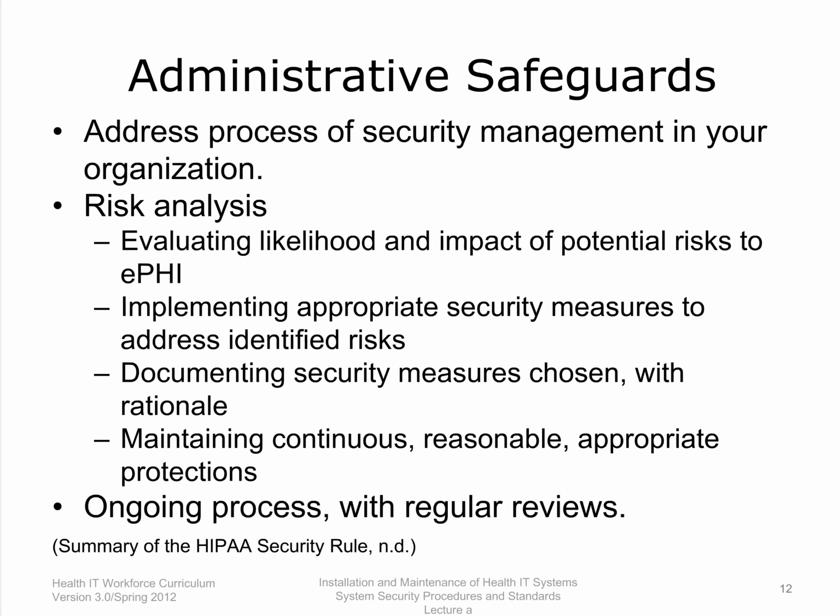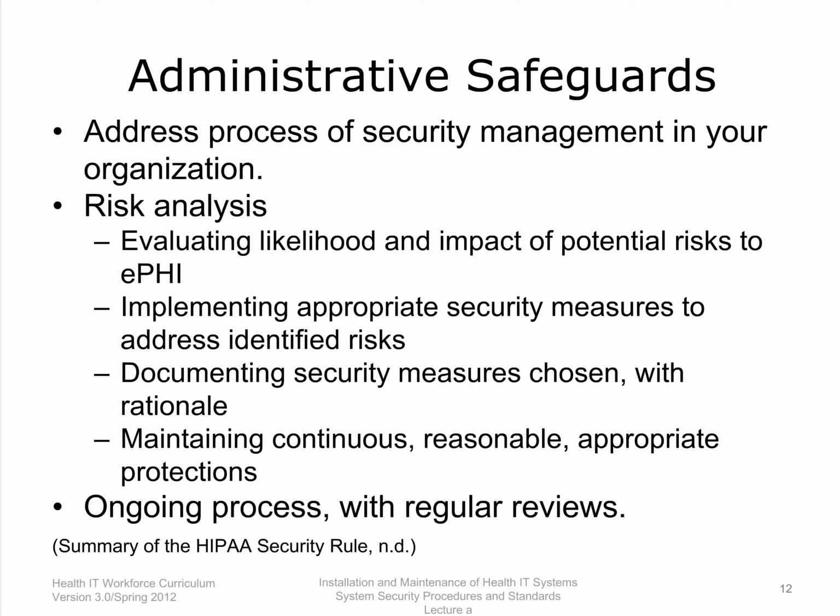A risk analysis process includes, but is not limited to, the following activities: evaluate the likelihood and impact of potential risks to EPHI; implement appropriate security measures to address the risks identified in the risk analysis; document the chosen security measures and, where required, the rationale for adopting those measures; and maintain continuous, reasonable, and appropriate security protections.